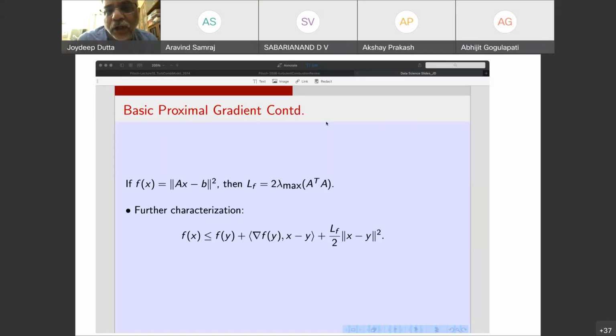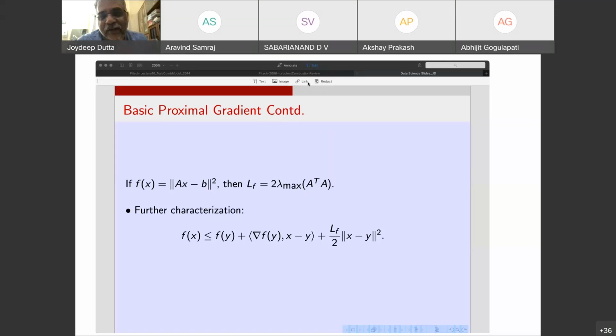In fact, if you have convexity, you can just apply the definition of convexity to get this condition, but not with the 2, just LF. That would obviously be true anyway, because if you multiply just LF instead of half LF here, that would be greater. But this stronger condition comes by applying integral calculus, which is slightly surprising to me, but it's interesting.